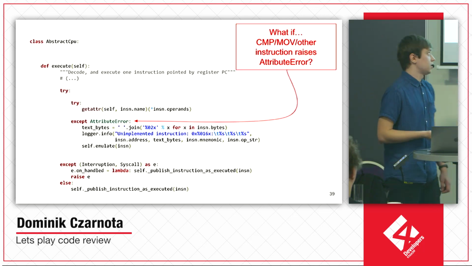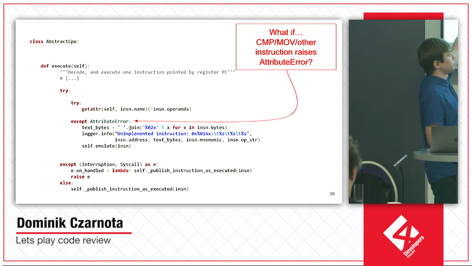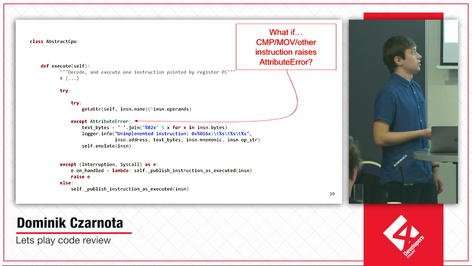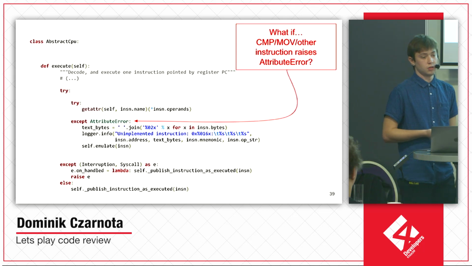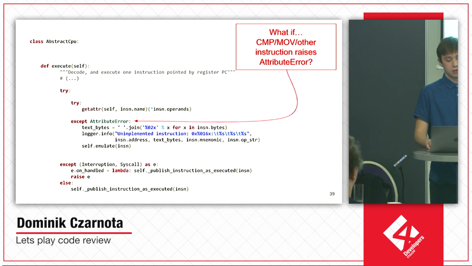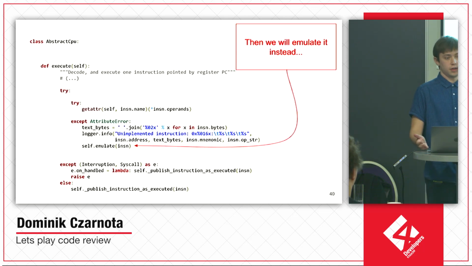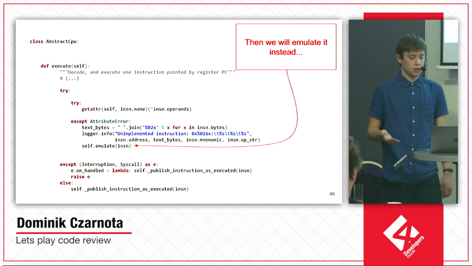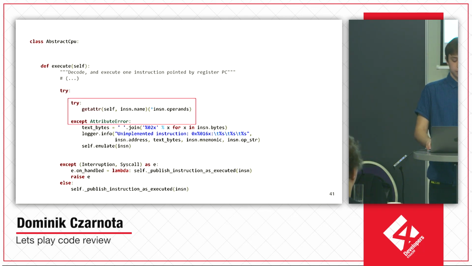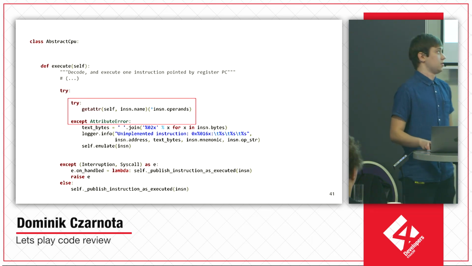So this try and except here is kind of wrong, because it's super easy to provoke this attribute error inside of an instruction implementation. If this would happen, you would emulate the instruction instead of launching your own code that could do something other than just launching the instruction. So as I said, this part is buggy here.